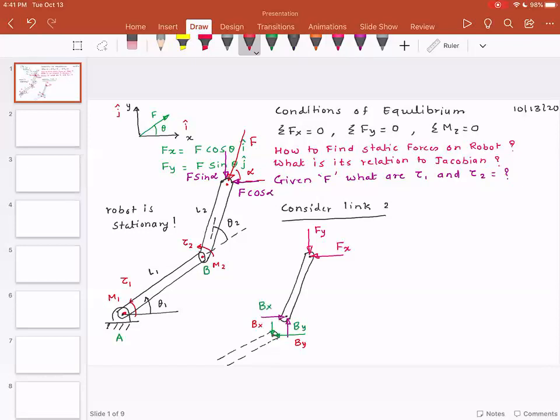Please note that when this joint and this joint combine together, these internal or virtual forces disappear.